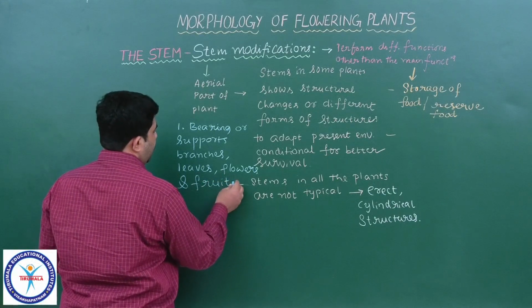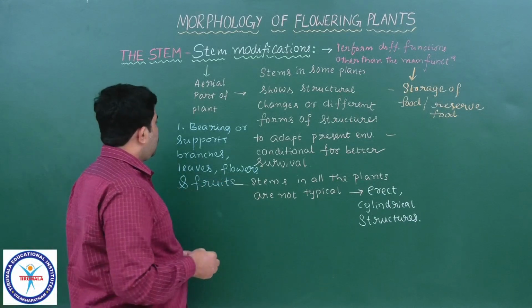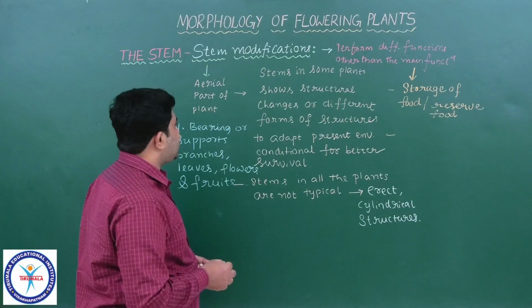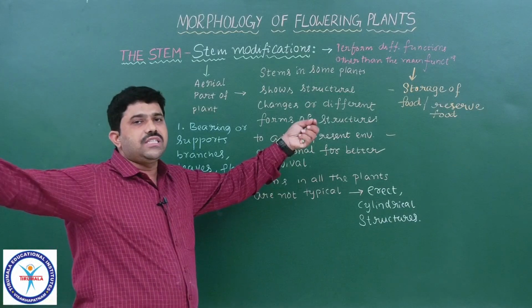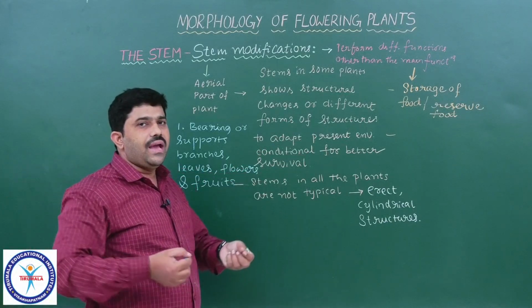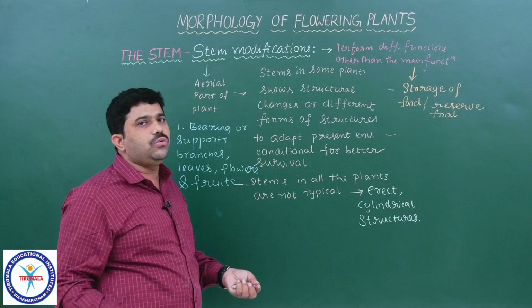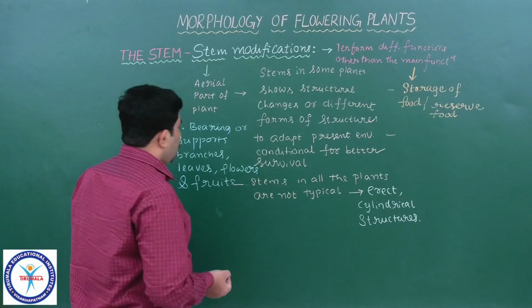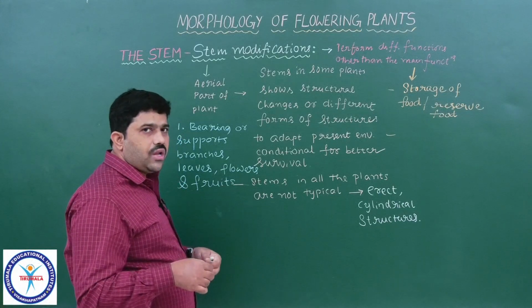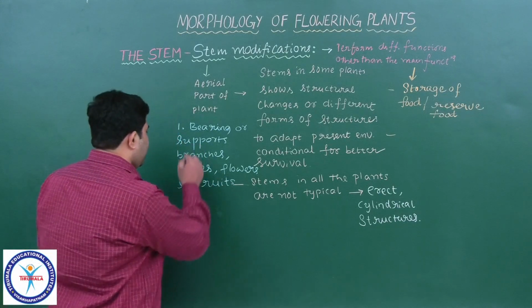All these are supported on a particular axis called the stem, and the stem is very important for distributing the branches over long distances, and those branches cover more distance to produce more and more leaves, flowers and fruits. All those structures exist on a particular axis called the stem. So it is the main function.